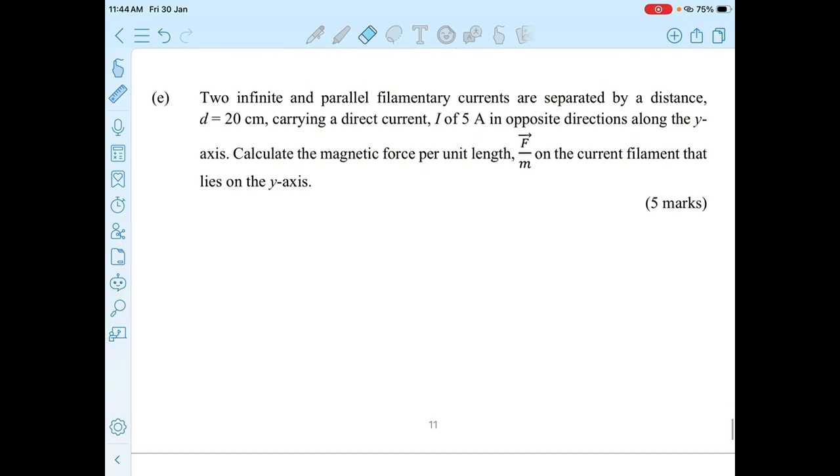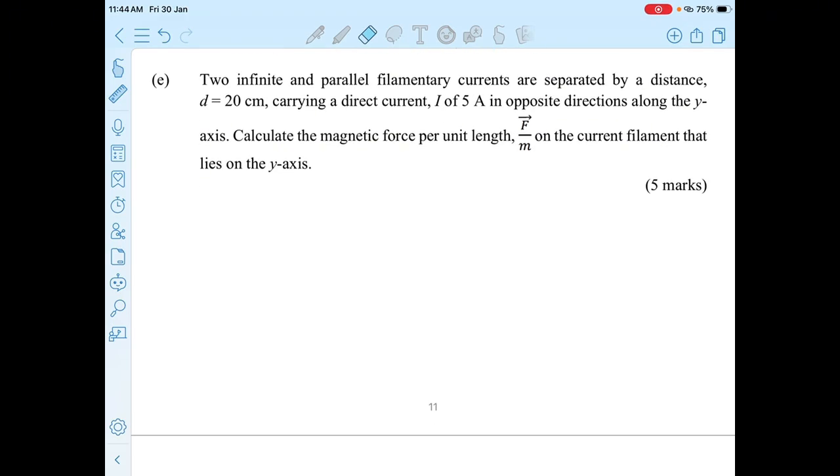Okay, so let's look at question E. You have two infinite and parallel filamentary currents, okay, and they are separated by a distance of 20 cm. Okay, so you can roughly draw this. Okay, so two wires. Okay, by a distance of 20 cm. 20 cm is 0.2 meter.